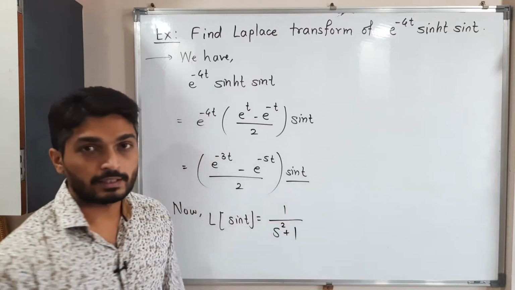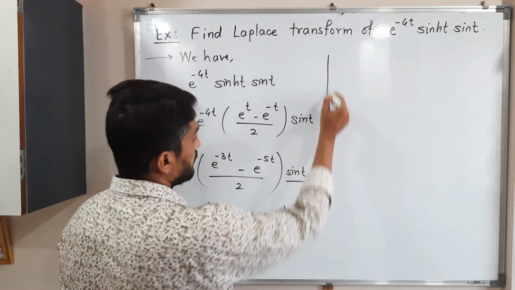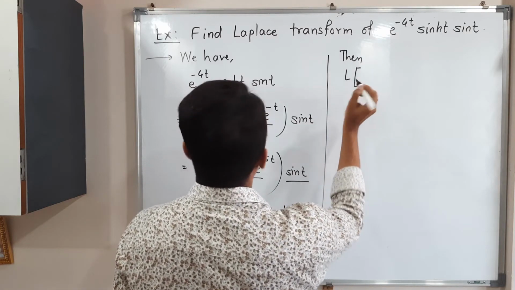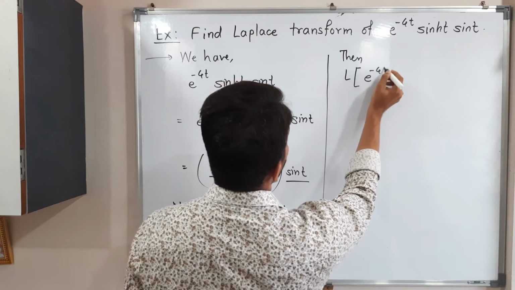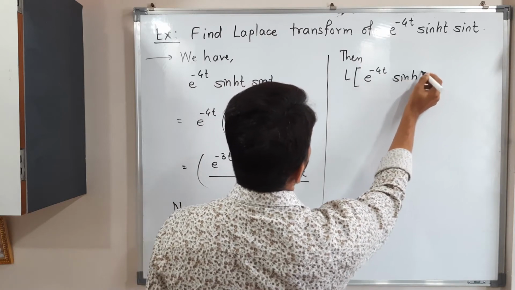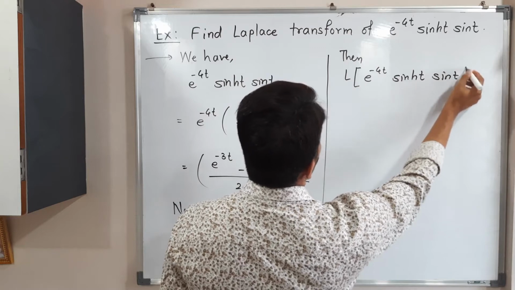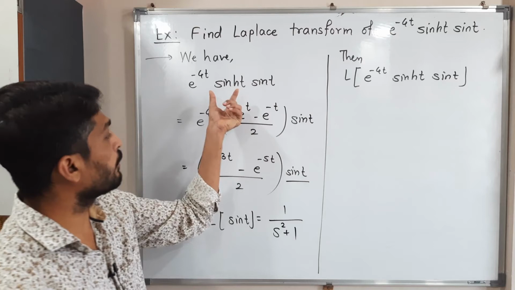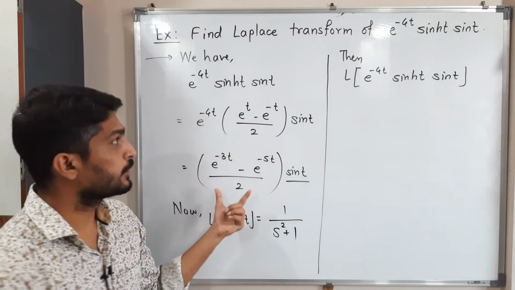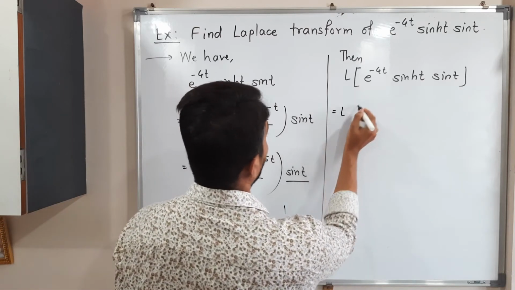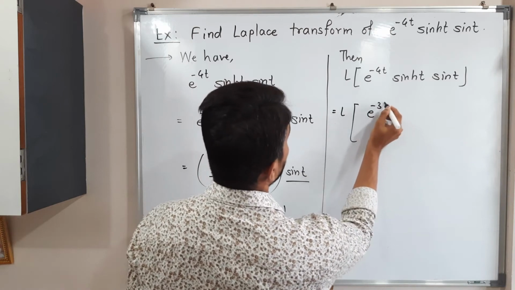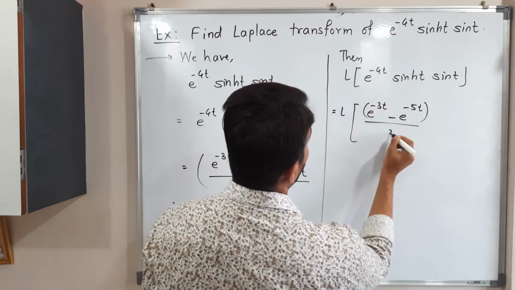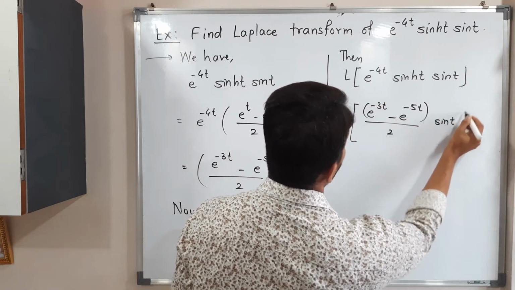Now we have to consider the entire function. Let me write it here. Laplace of e raised to minus 4t hyperbolic sin t. We are going to find its Laplace. This function we have already expressed in this way, so let us write its value. This is equal to Laplace of e raised to minus 3t minus e raised to minus 5t divided by 2 into sin t.